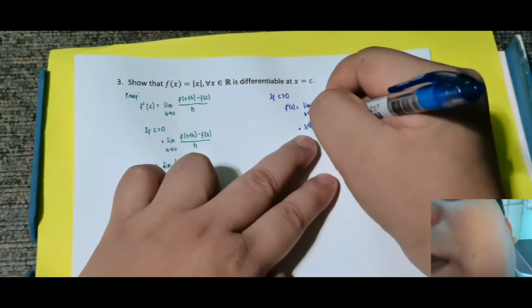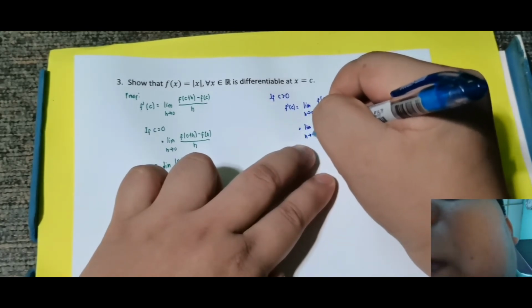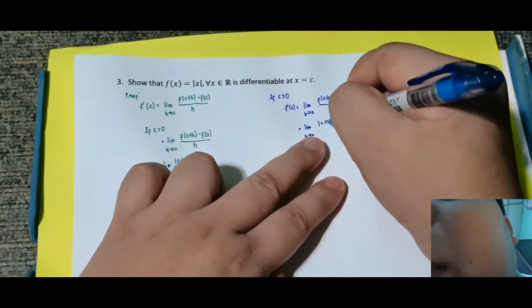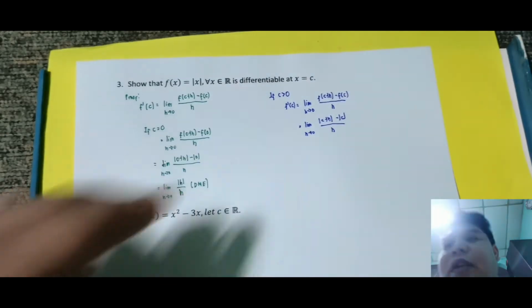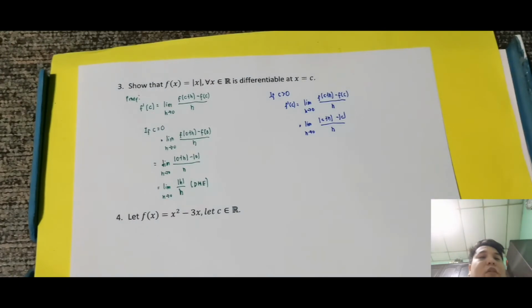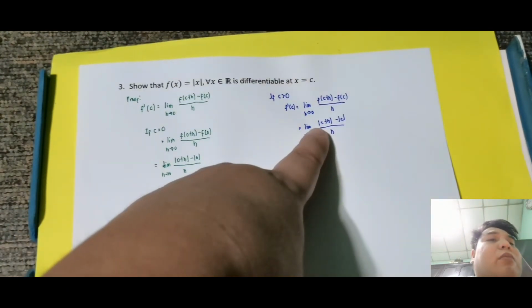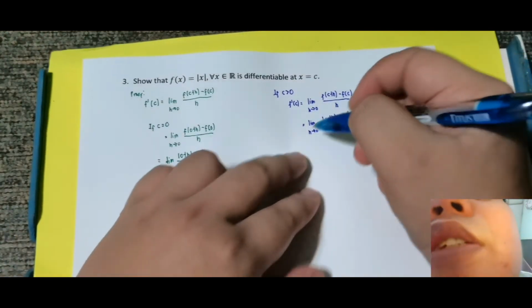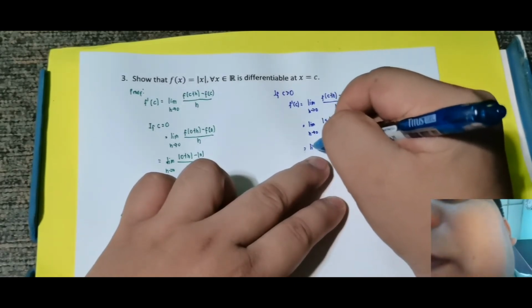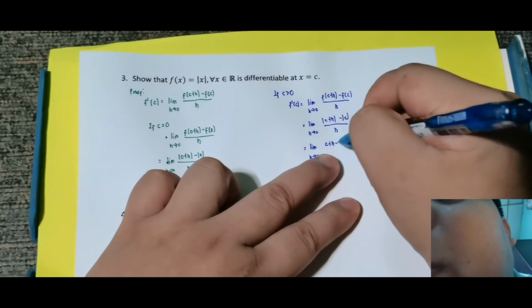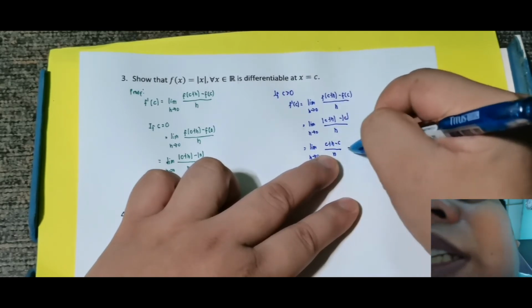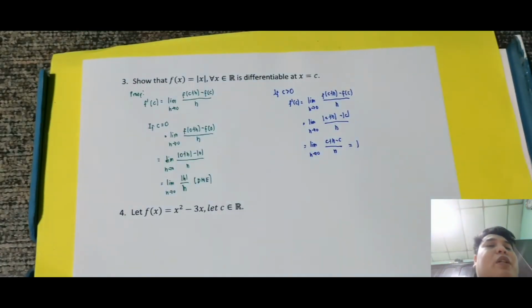Yung limit as h approaches 0 ng absolute value ng c plus h minus absolute value ng c over h. So ano mangyari dyan? Pag greater than 0, ibig sabihin madadrop lang yung absolute value kasi magiging positive lang yan. So which means this is only equal sa limit as h approaches 0 ng c plus h minus c over h, which is equal sa 1. Kasi c minus c is 0, so h over h is 1. So therefore, differentiable siya pag c is greater than 0.